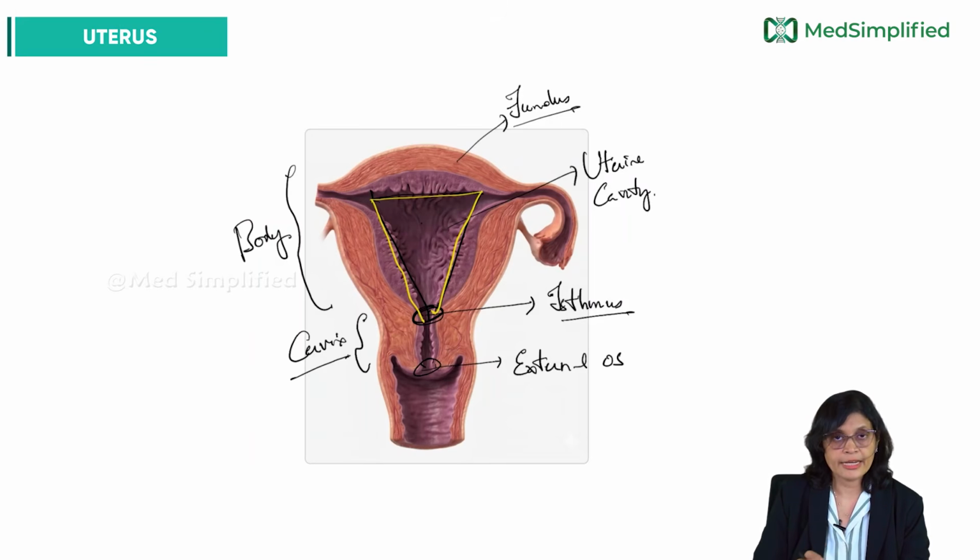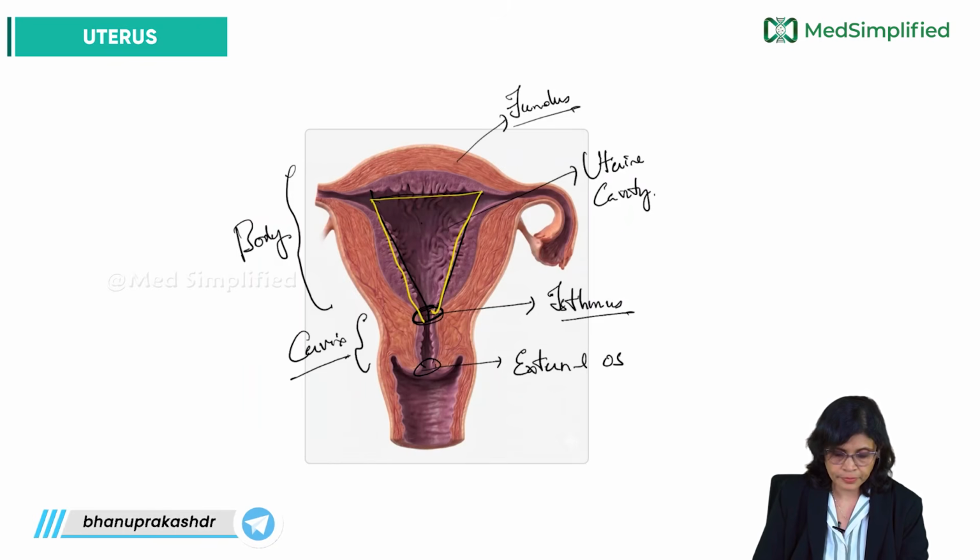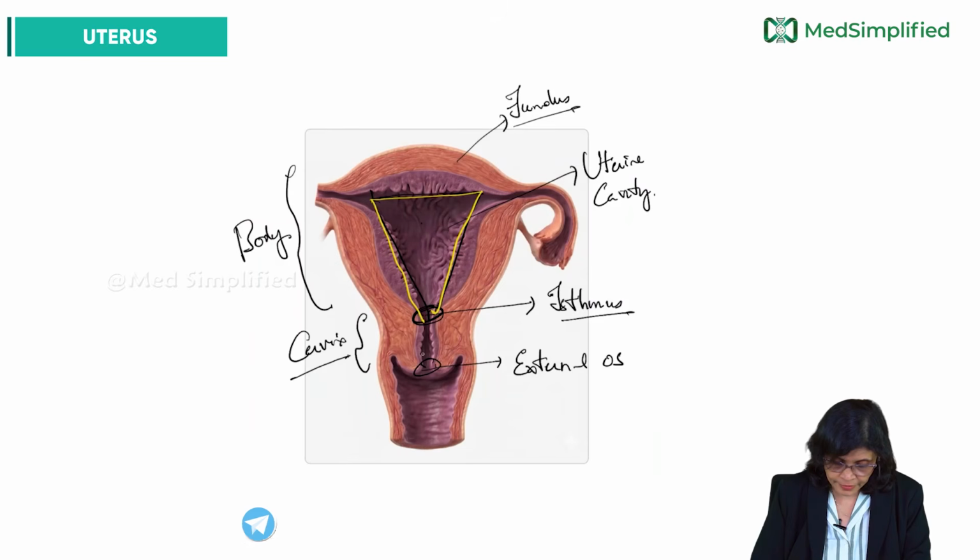When we take a sagittal section, this cavity appears like a small thin slit because both the walls are in contact. Then the cavity of the cervix, we call the cervical canal.